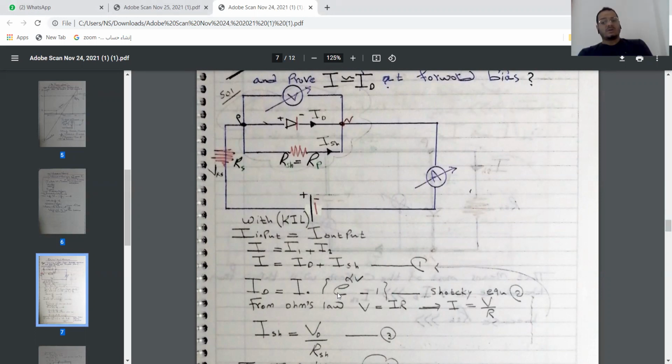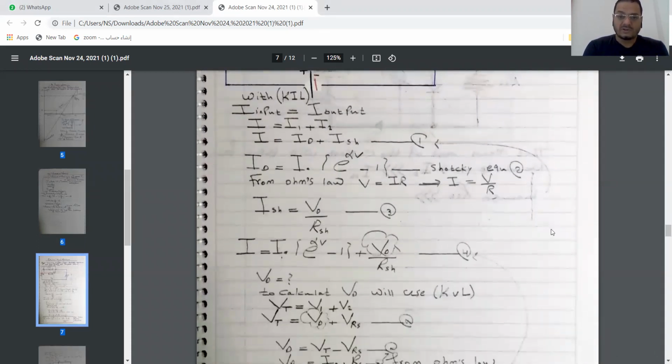Kirchhoff's current law means I input equals I output, so I source, IS, equals I diode plus the current at the parallel or shunt resistance. We calculate ID equals saturation current I naught times exponential of alpha V minus 1. That is the Schottky equation.